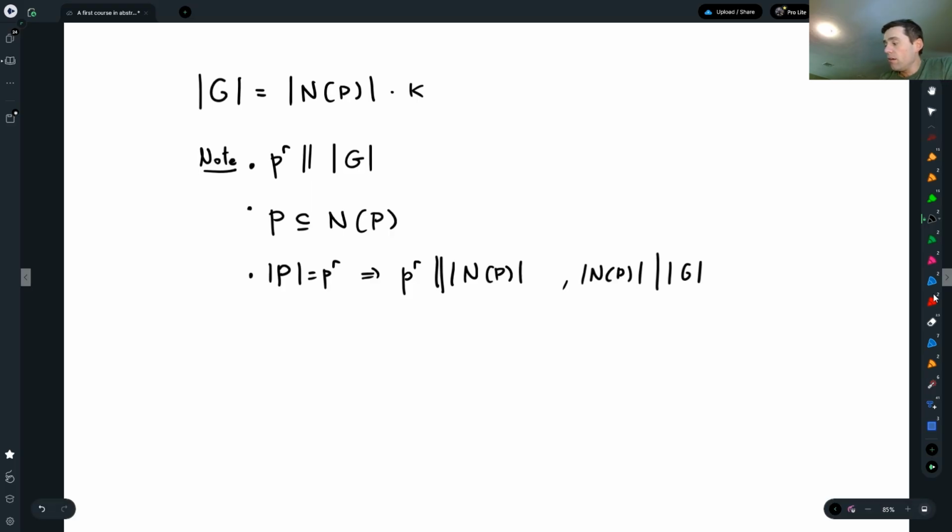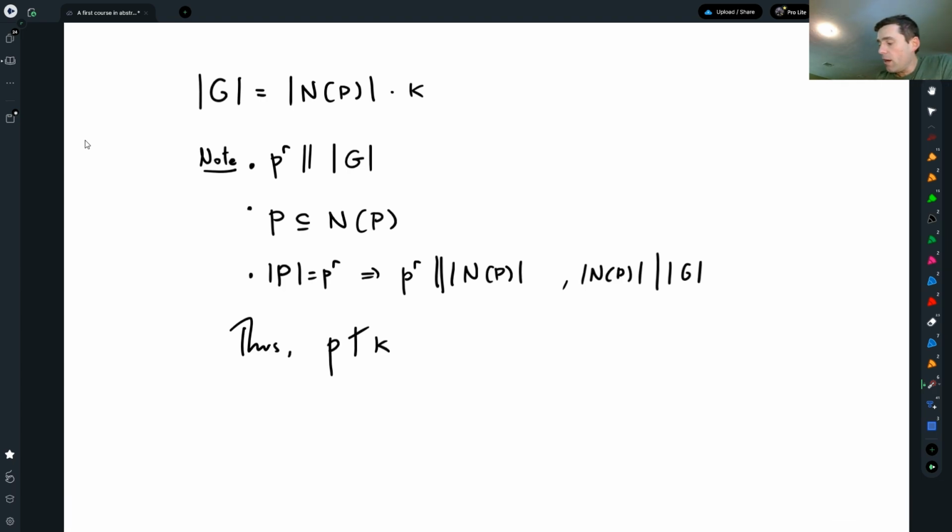But then notice that this is divisible by P to the R, and this is divisible by P to the R, and therefore P cannot divide K. If P divided K, then the largest power of P dividing this side would be at least P to the R plus one, but that would contradict the fact that the order of G is divisible only by P to the R.